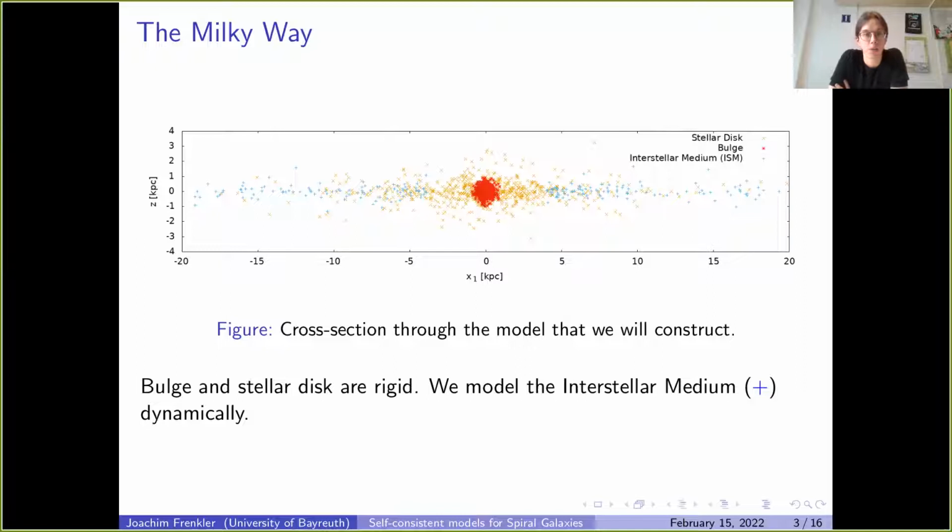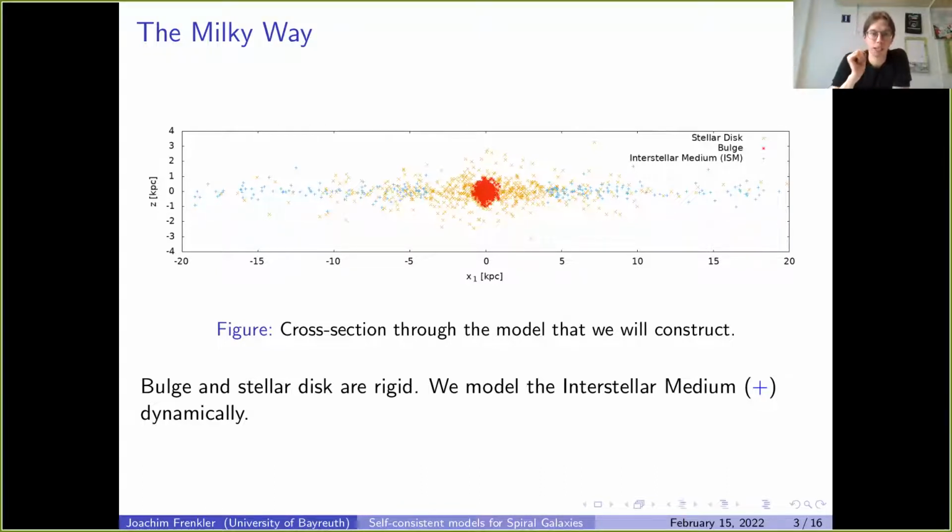How do the dynamics of this interstellar medium look like? The mass in the interstellar medium is on almost circular orbits around the center of our galaxy. And this "almost" is important. One could be tempted to say, let's simplify everything and place the mass on perfectly circular orbits. Such a model would be easy to construct, and then we are done.